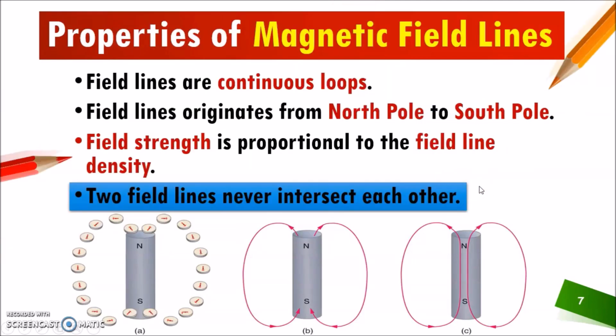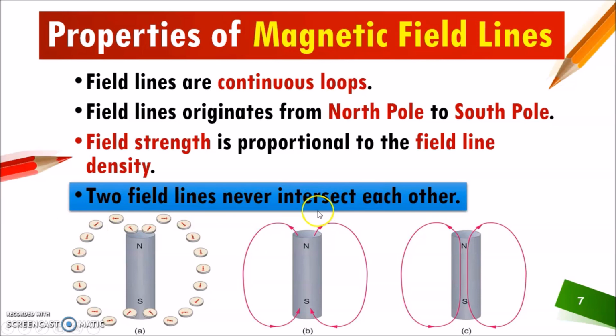Is it clear, students? Okay, the most important property: two magnetic field lines never intersect each other. Is it clear? You have to drill this property into your minds.